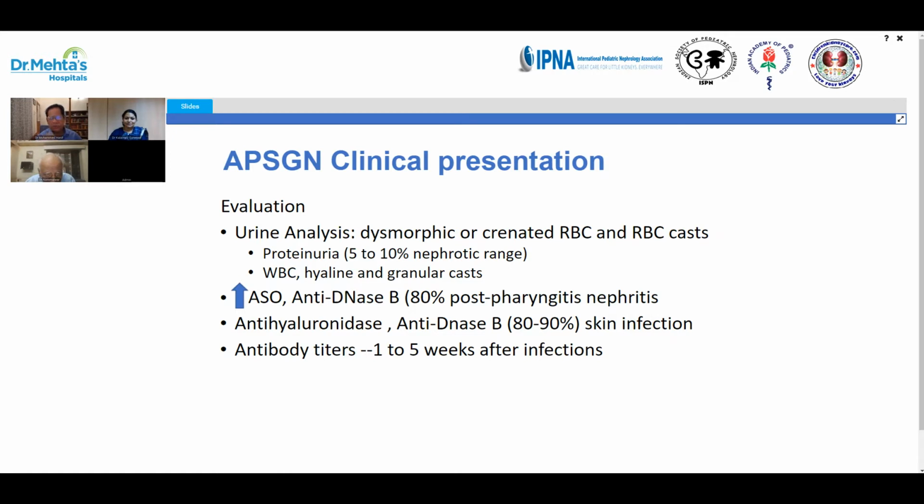We know there are types of organisms responsible for streptococcal infection; particularly in pharyngitis it is M type 12, and types 1, 2, and 4. And in the case of skin infection, it is type 49.